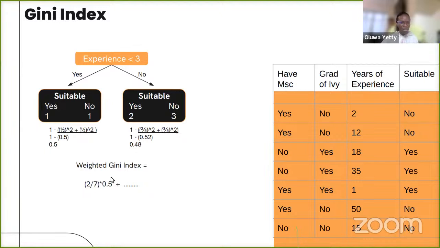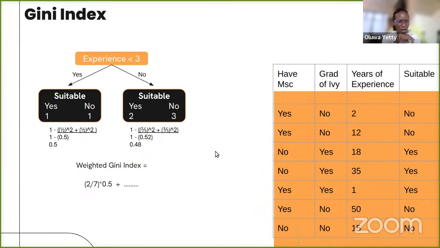Given this, the next thing, just to gauge that you understand what we've done here, is to ask you to tell me the value, just put it in the comment section, for the no. When the experience is less than 3, we want to calculate the weighted Gini index.